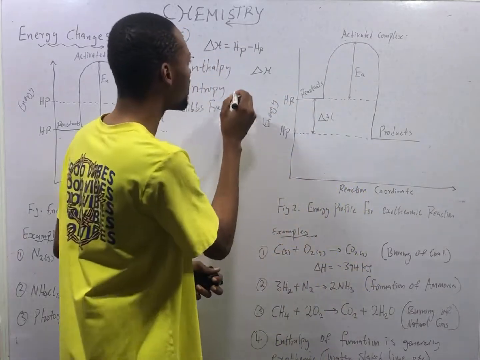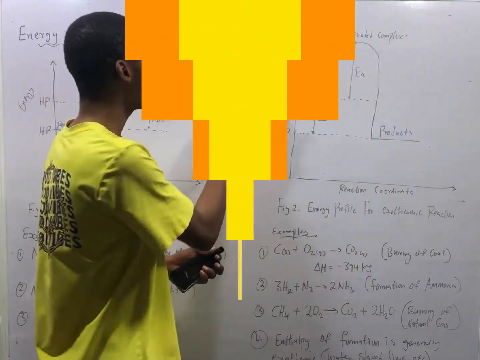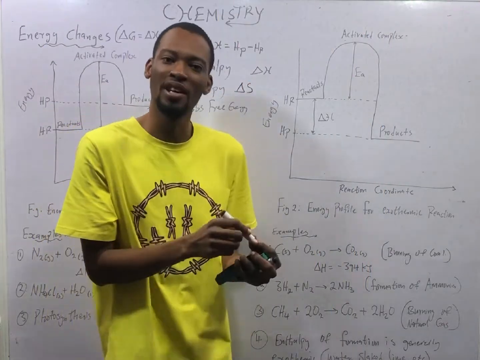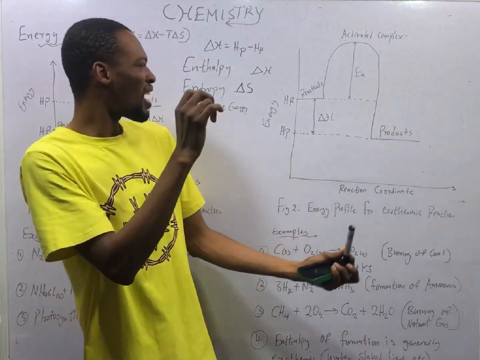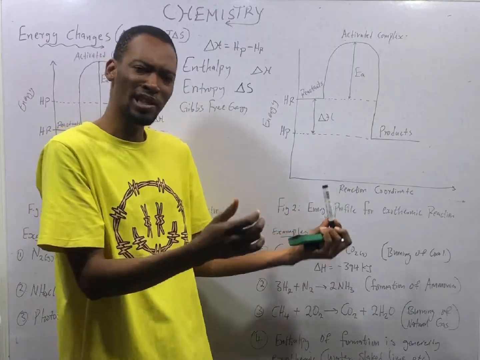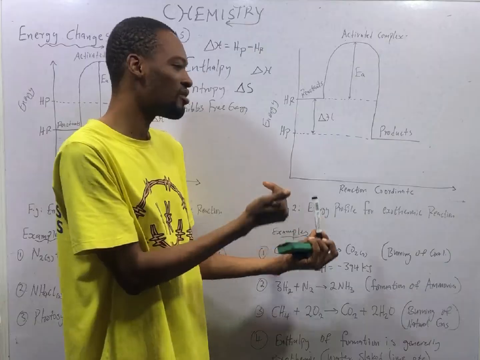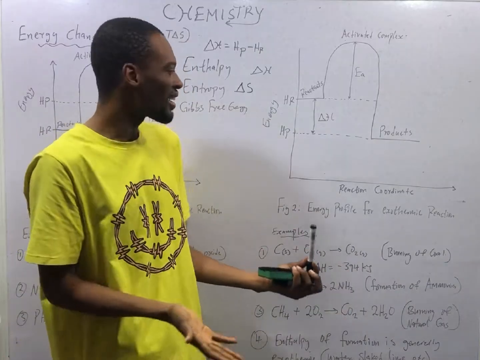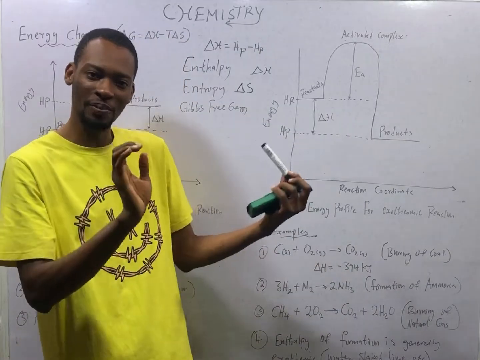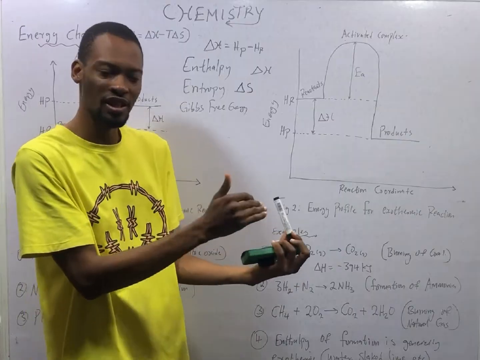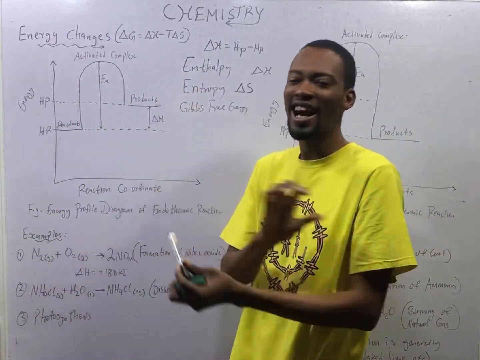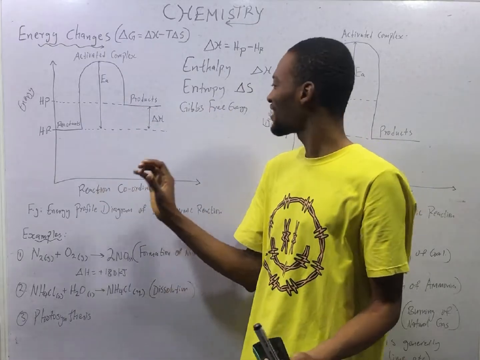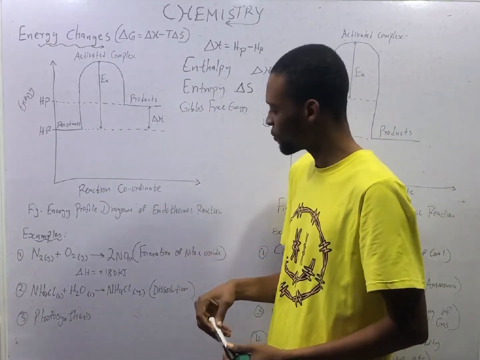Entropy change is delta S. Entropy change is the entropy of the product minus the entropy of the reactant. So, how disorderly is the product? How disorderly is the reactant? That means gases will have higher entropy than liquids and solids because gases have a higher degree of randomness. That is entropy for you.